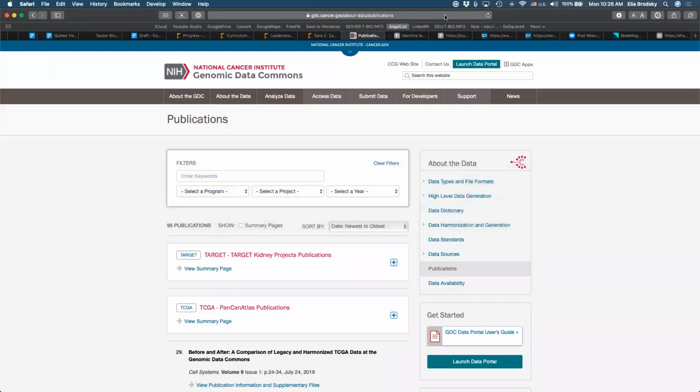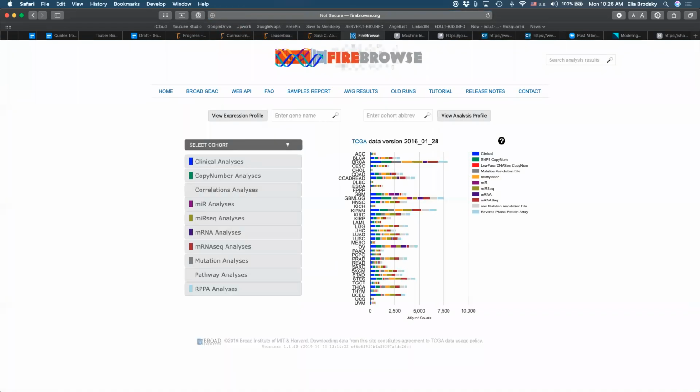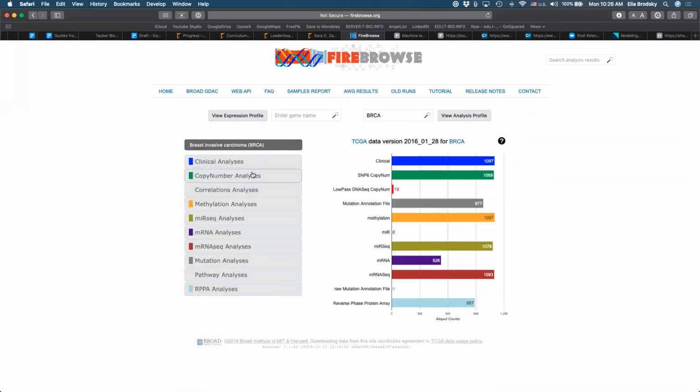FireBrowse is actually a place where you can more easily download the full data set that you're interested in analyzing. So for example, let's find breast cancer, breast invasive carcinoma, BRCA, right?